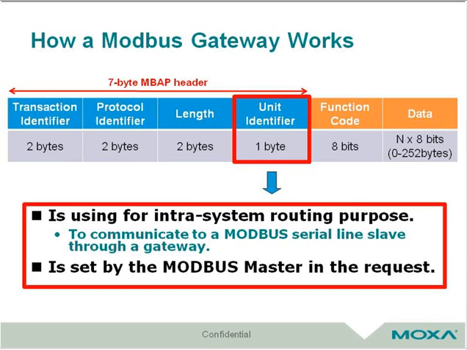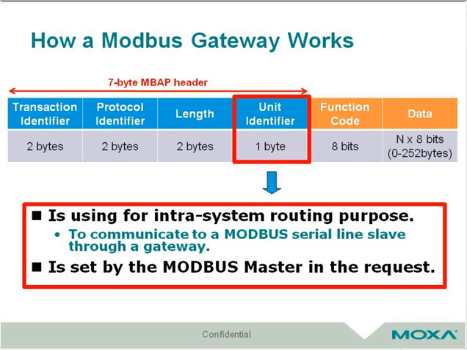Remember the fourth field of the MBAP header? The unit identifier. This field is used for intra-system routing purposes, and it is typically used to communicate to a Modbus or a Modbus Plus serial line slave through a gateway between an Ethernet TCP/IP network and a Modbus serial line.